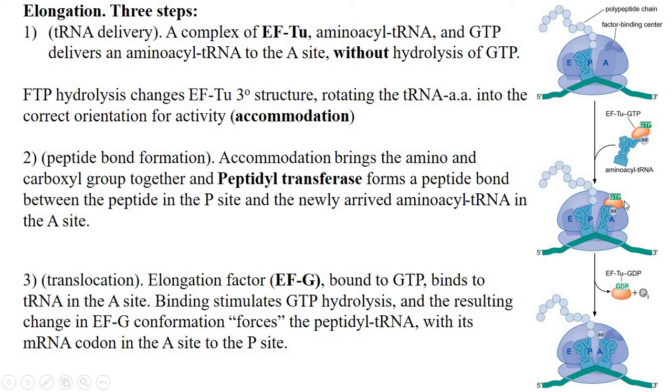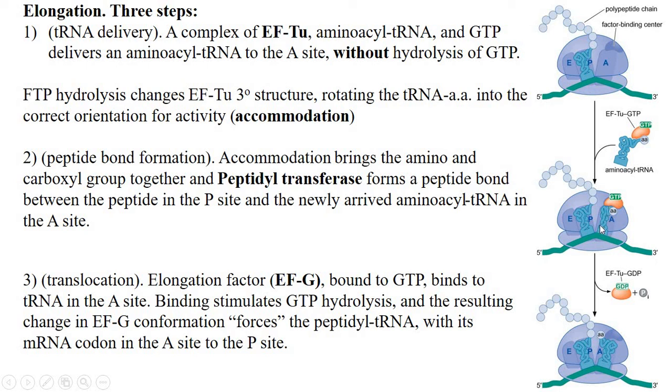Once it gets in and makes the bond between the codon and anticodon, and this is identified as a complementary sequence, then this GTP will hydrolyze. Oh, this says FTP. It should be GTP. This GTP hydrolysis will change the three-dimensional structure of EF2.